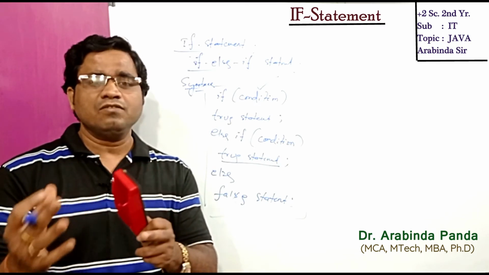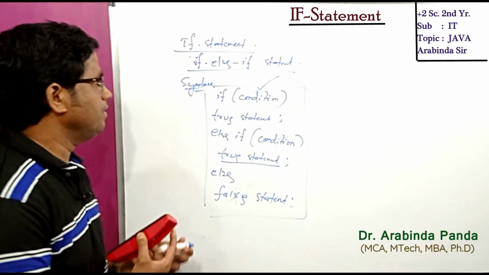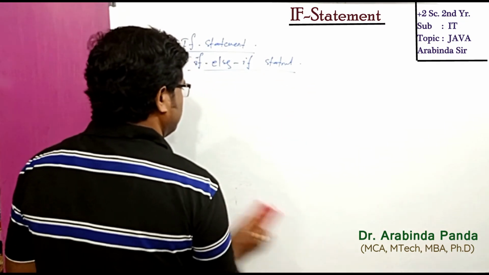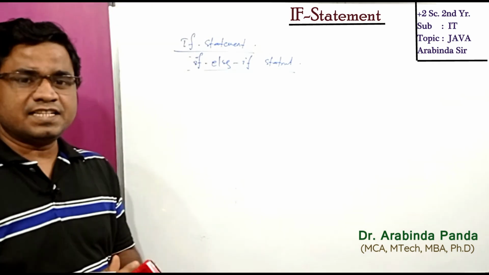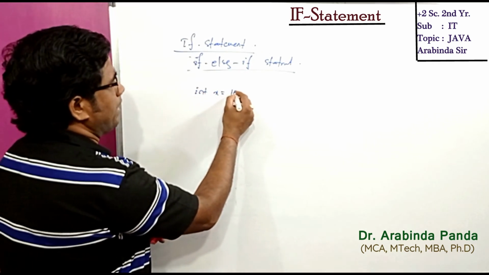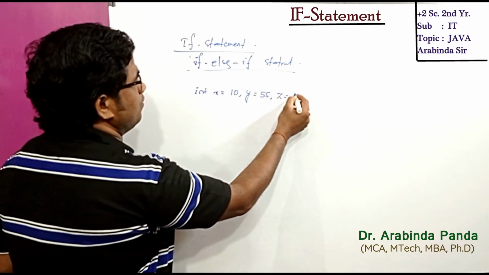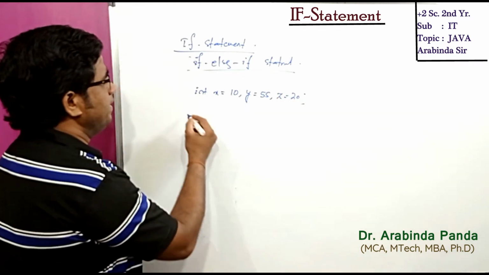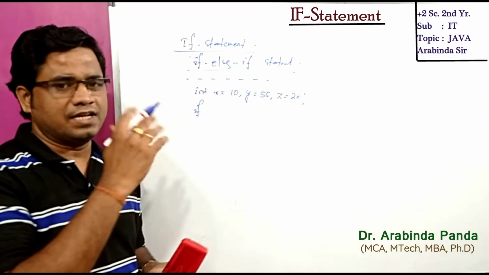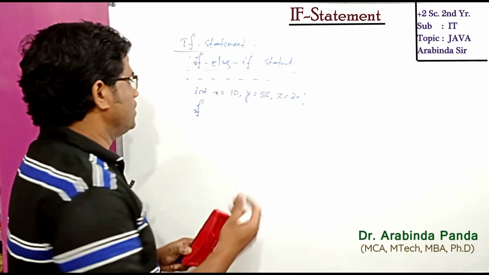Suppose greatest among three numbers. How can you write? See. Suppose int x equal to 10, y equal to 55, z equal to 20. And here the starting initial writing, that is the class name and public static void main, we will discuss later.